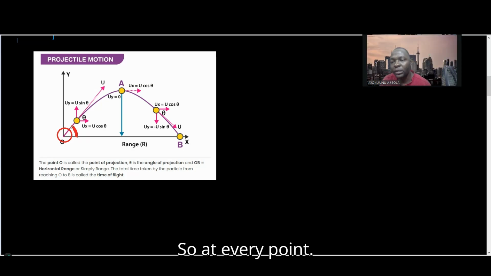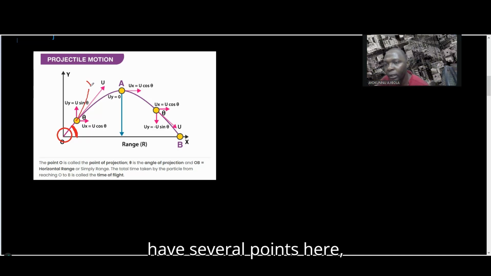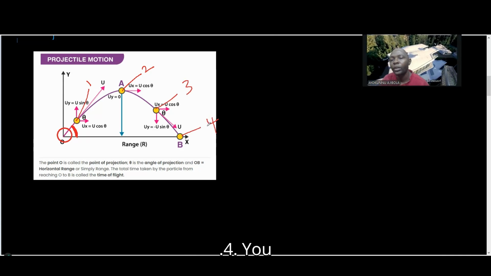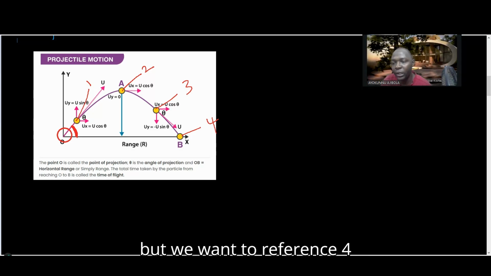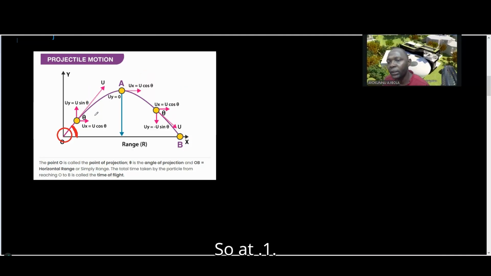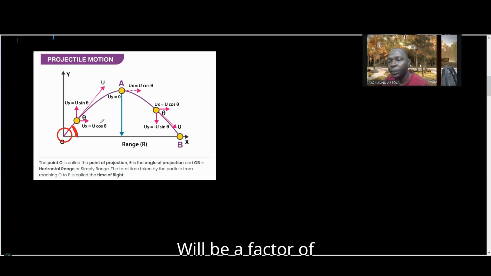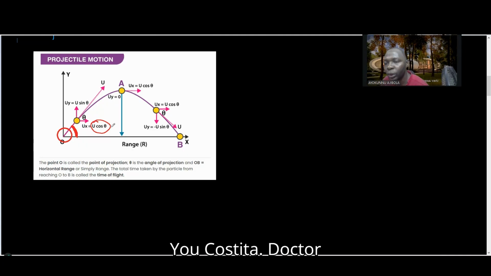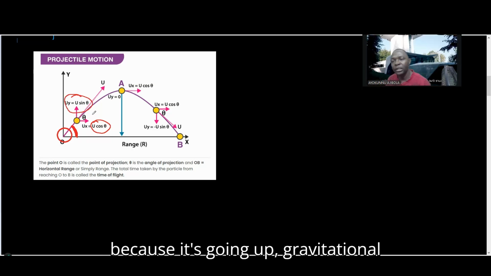So at every point of the journey, we have several points here: point 1, point 2, point 3, and point 4. We could identify more than 4 points, but we want to reference 4 points. At point 1, the total velocity will be a factor of the initial velocity u cos theta and a factor of gravitational influence u sin theta.